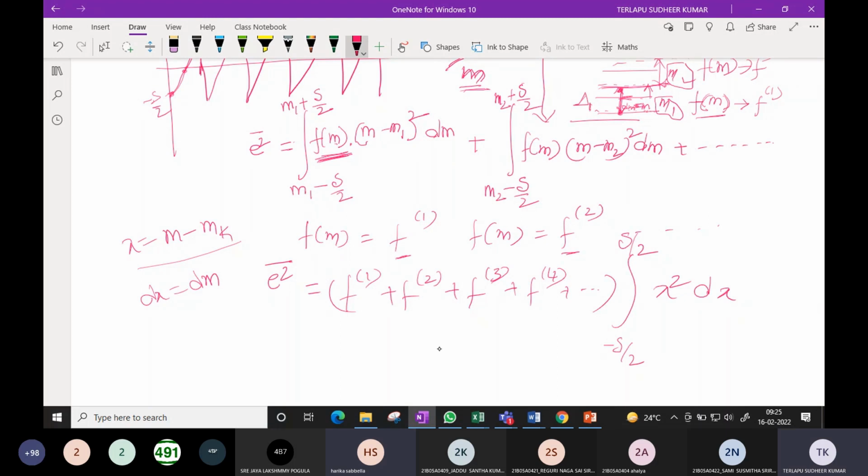So now, can anyone tell me what is the value of this one? What is f of 1?